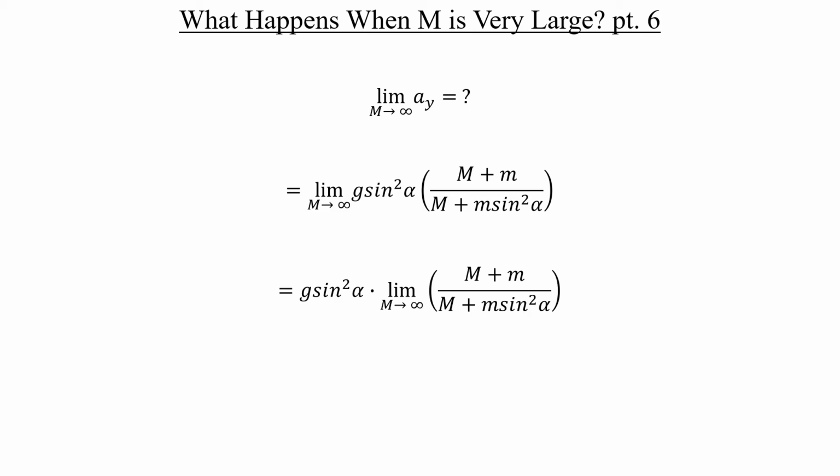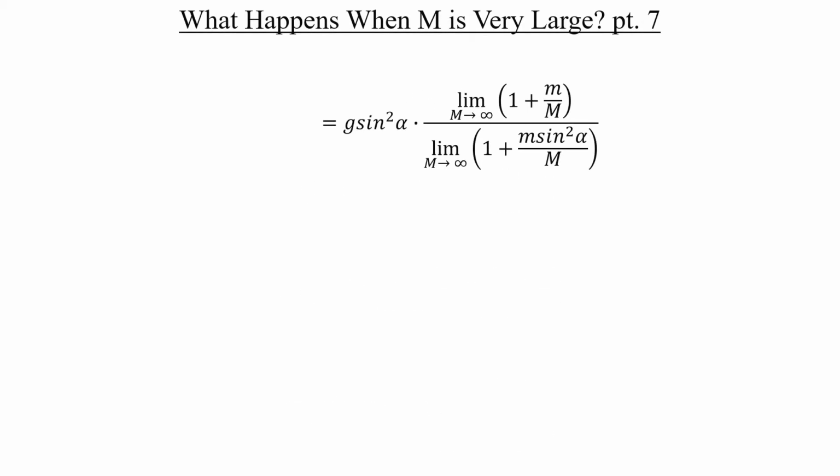So to combat that, let's do the same trick of dividing the numerator and denominator by capital M. When we simplify, here's our result. And notice I've passed the limit in to act on both expressions, upstairs and downstairs. Okay, that's allowed now. Let's exchange capital M for infinity.